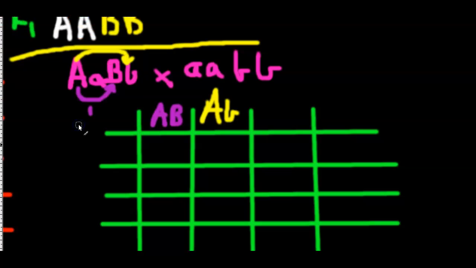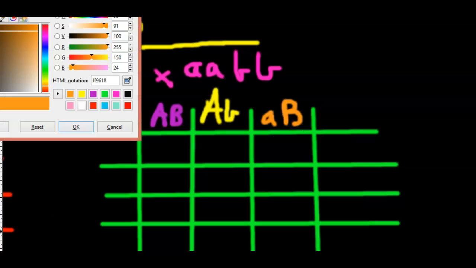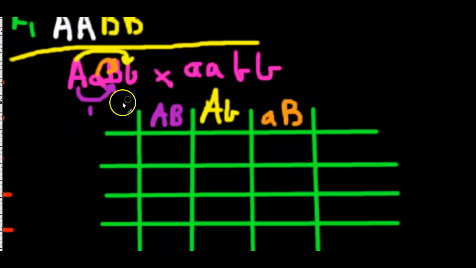FOIL, what's next? Inners, little a, big B, and our 2 outers, the last ones, I should say, the 2 last ones, 2 little A's and little B's.